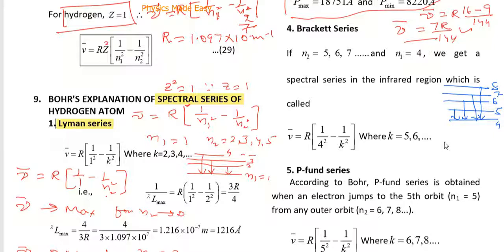In this way the Brackett series is formed. The Brackett series is formed when an electron from a higher level falls in the fourth level, and it lies in the middle infrared region. The value of k for this will obviously be more than 4 in integral values.